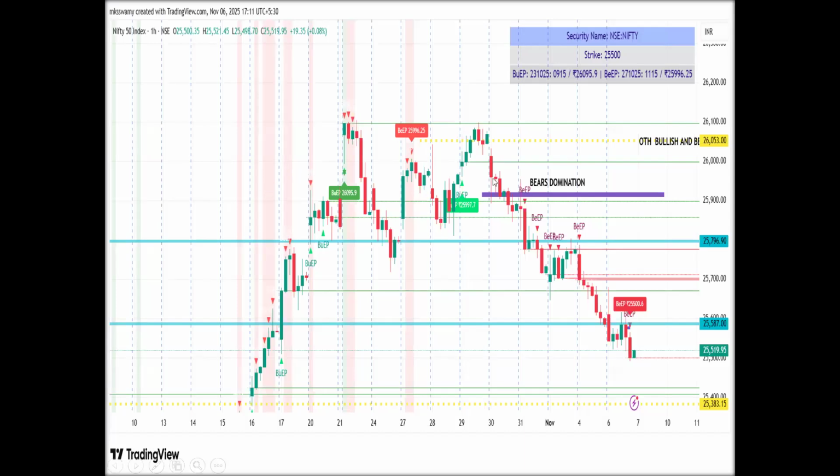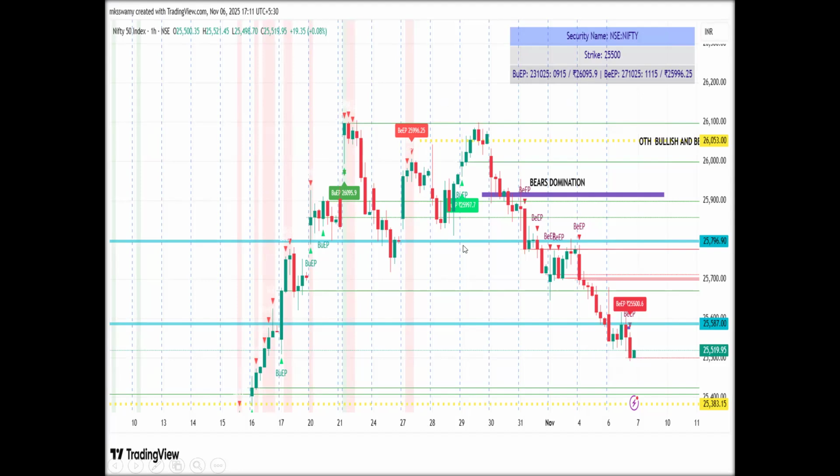So here I've taken out everything. I've applied only the EP indicator, EP reflection, EP on option through underlying. You can see on the Nifty, it reflected around 26,095.